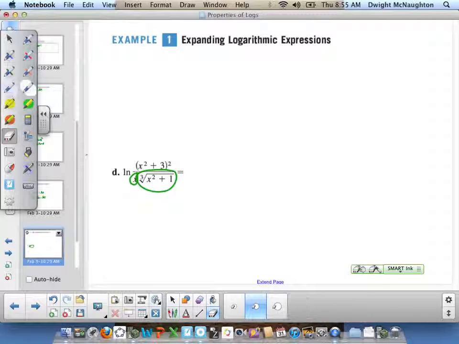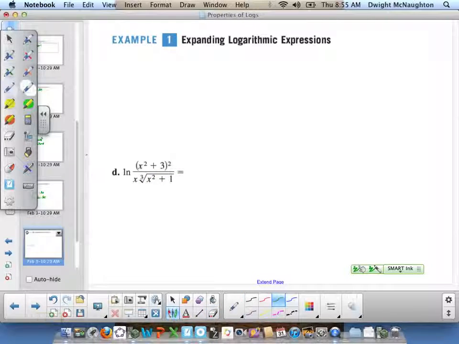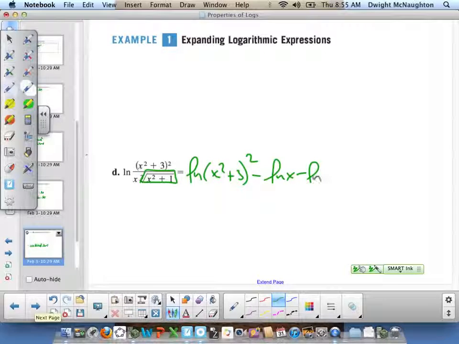What I like to do is, they're both being divided, so I'll just subtract them both. So I'll do natural log of x squared plus 3 squared minus the natural log of x. This is also being divided. So you're going to minus the natural log of the square root of x squared plus 1.